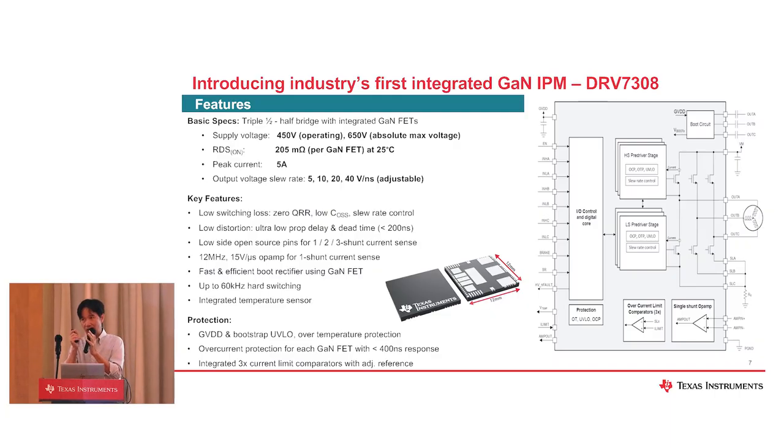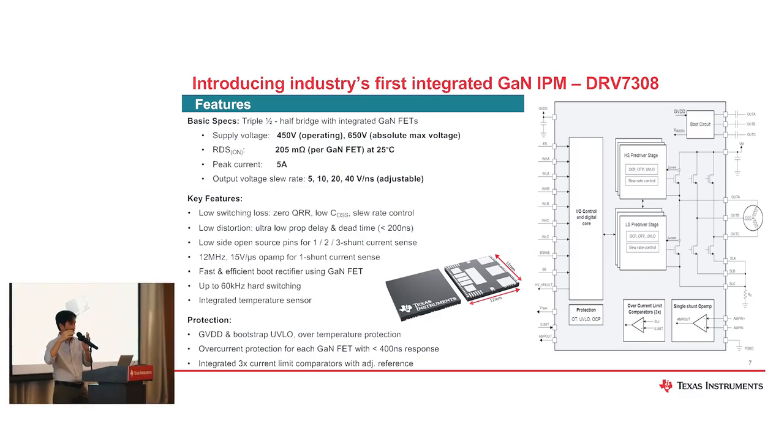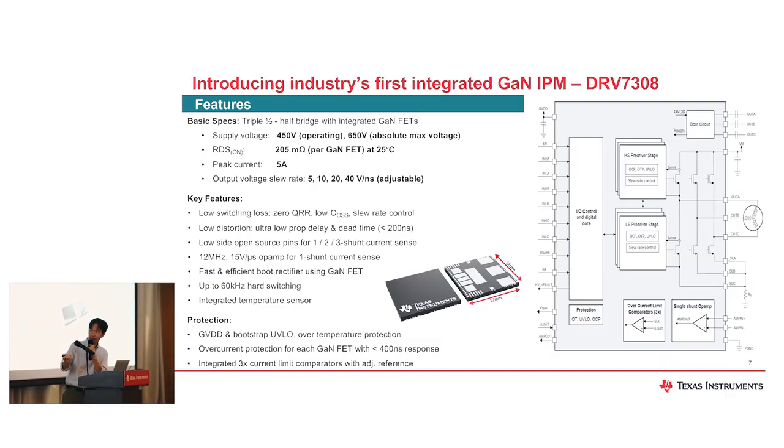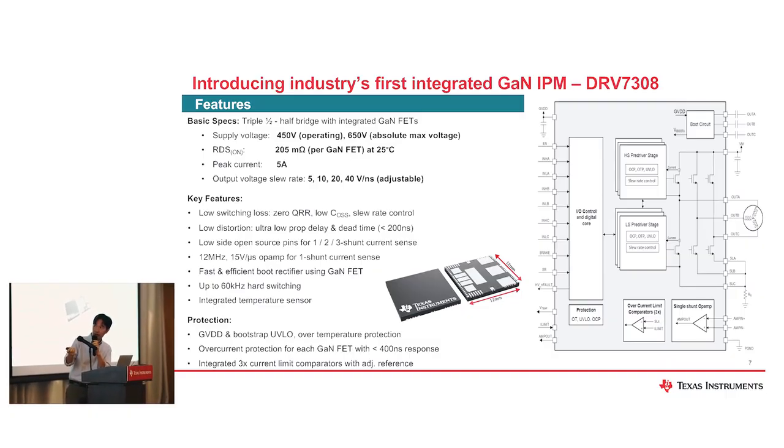Because of the delay between the input and output of the switching signal, the output waveform will be distorted. It's not fully clean, and it cannot be like the original step that we need. With this GaN, because the propagation delay and dead time are very low, it offers very low distortion.